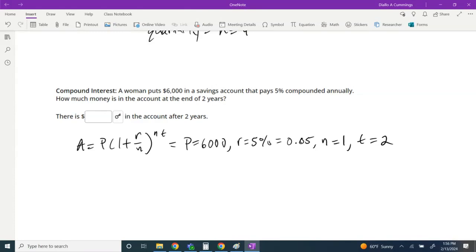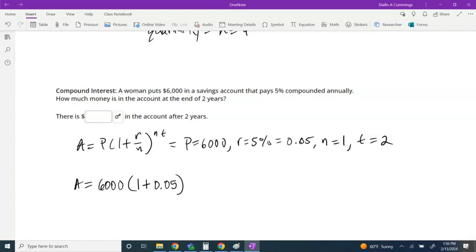All right, so substituting in all of those values, A is going to equal 6,000 times (1 plus R over N). So R is 0.05 and N is 1. So R over N is going to give us the value of 0.05.